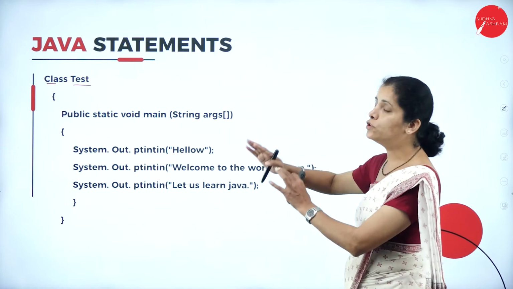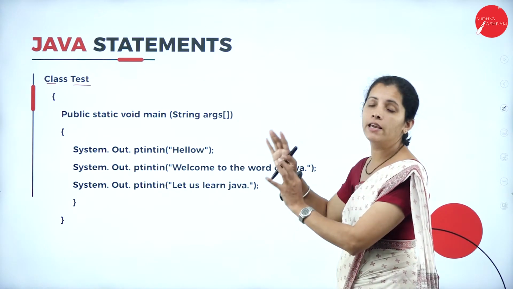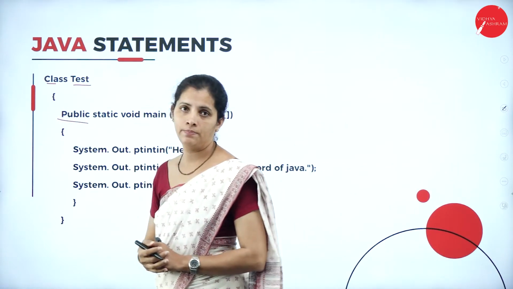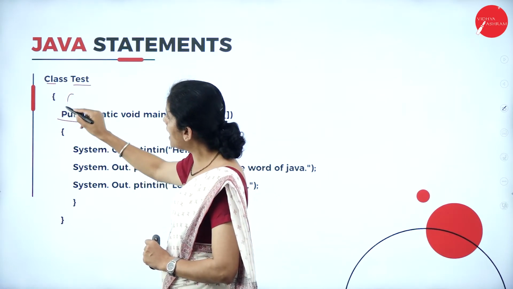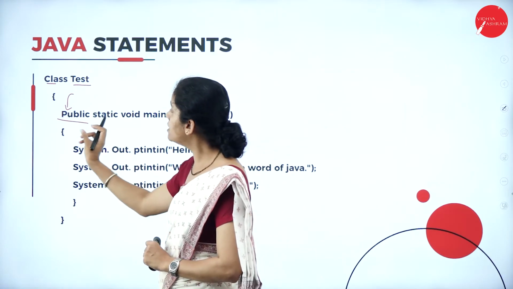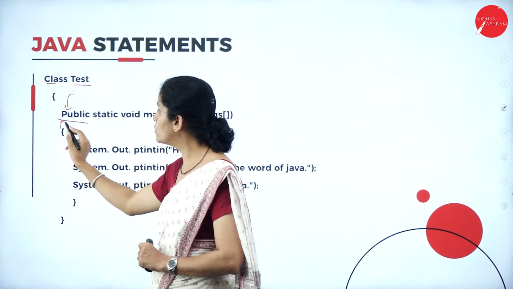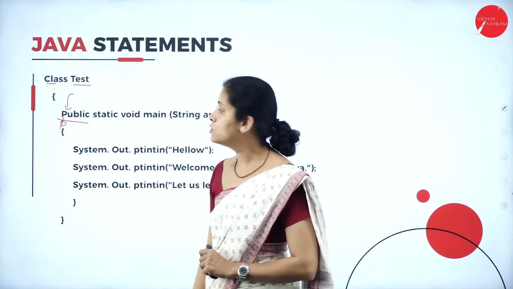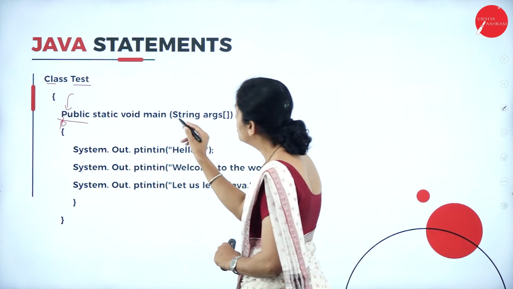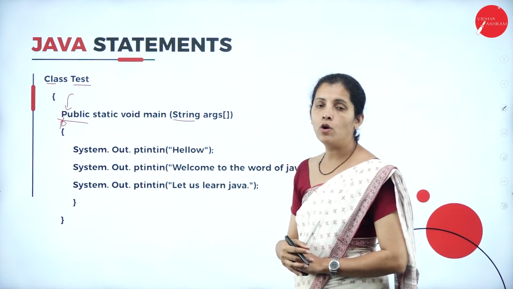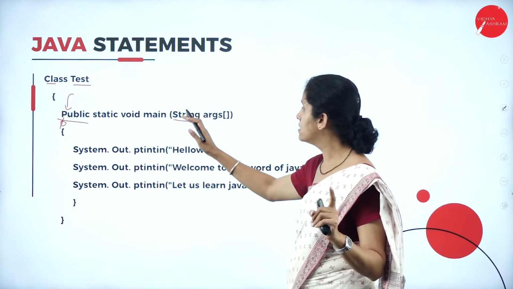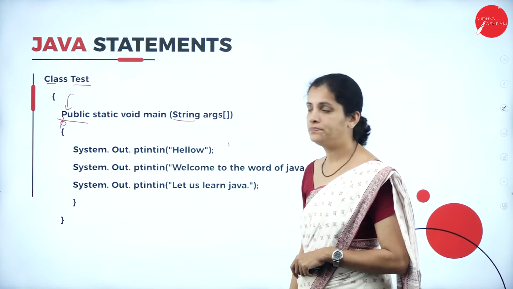That means I have to write certain keywords as they are. If I write capital letter P in public, I'm going to get an error message, because instead of capital P, I want to write small letter p. So public static void main. Now, while writing String, I want to use capital letter S, and I'm going to create the variable.